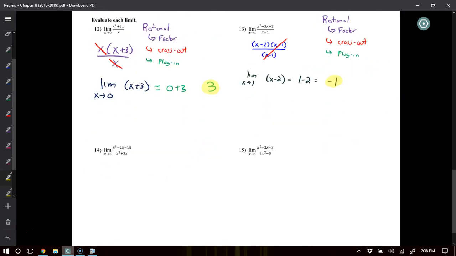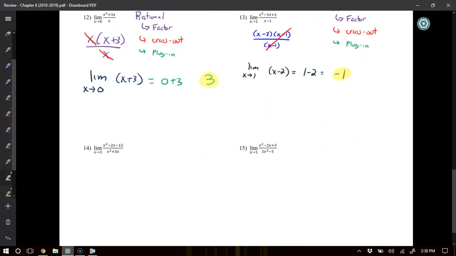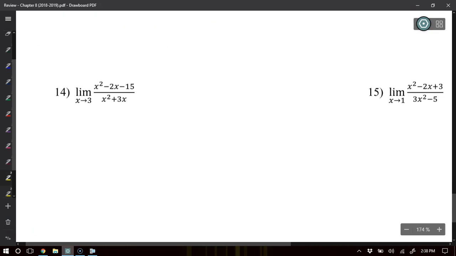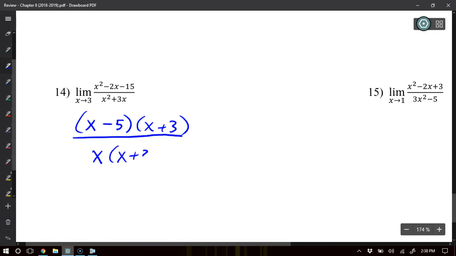And then number 14, that's another rational. So I'm not going to copy and paste. The rules are, if it's rational, factor. So what multiplies to negative 15 and adds to negative 2: x minus 5, x plus 3. On the bottom, there's a GCF. I could take out an x, giving x times x plus 3, and just the x plus 3 is canceled.